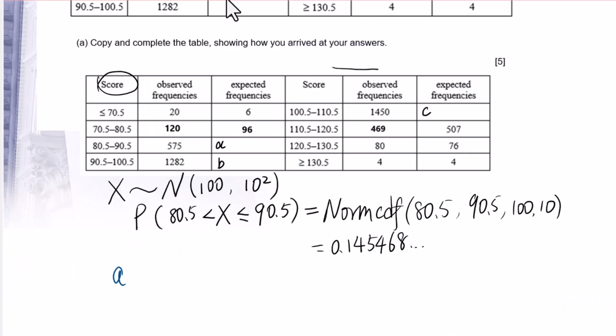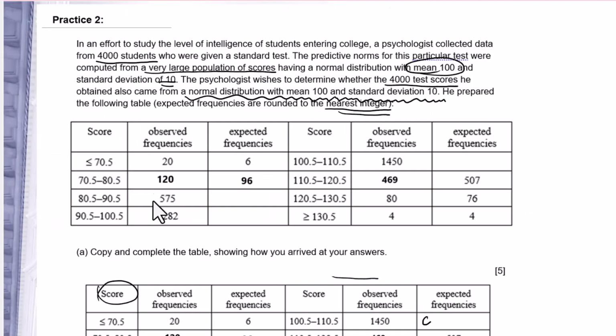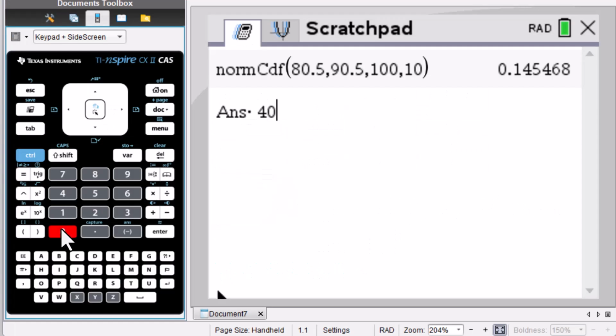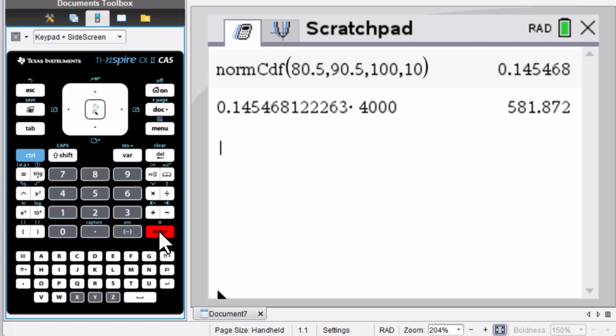So the expected value equals, check the number of samples, 4,000 students. We will use 4,000 times this probability. Enter. Answer is 582 as integers.